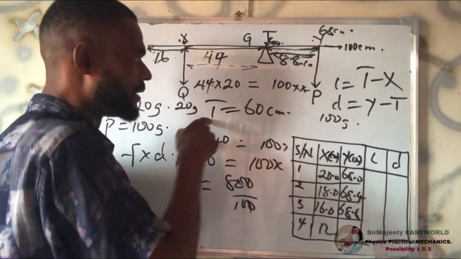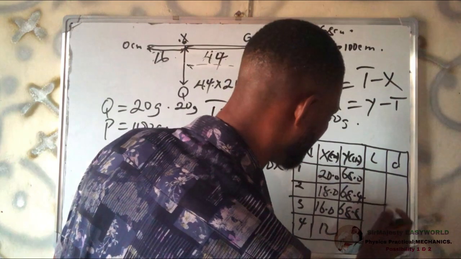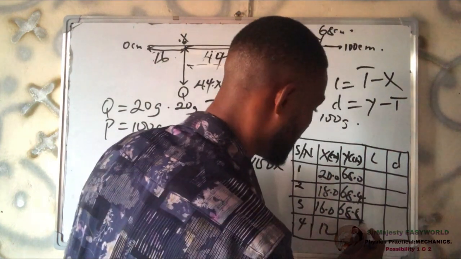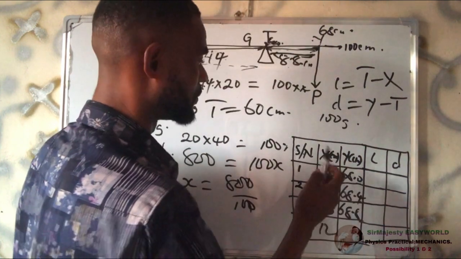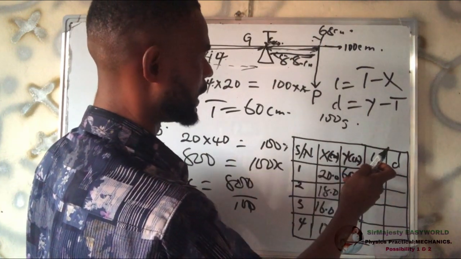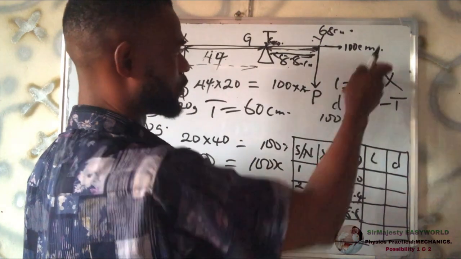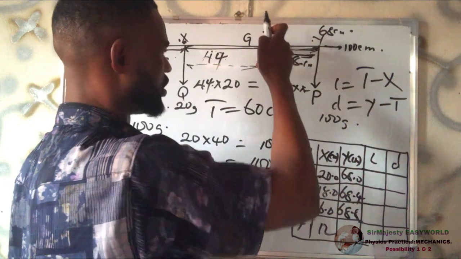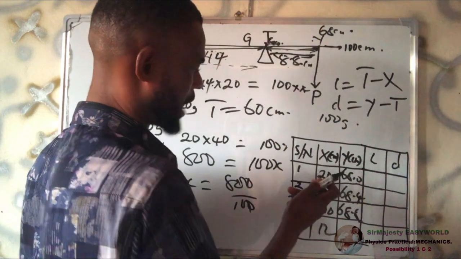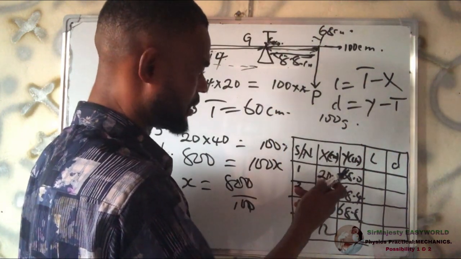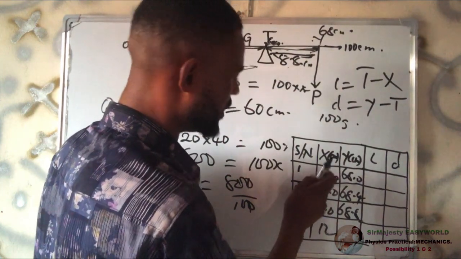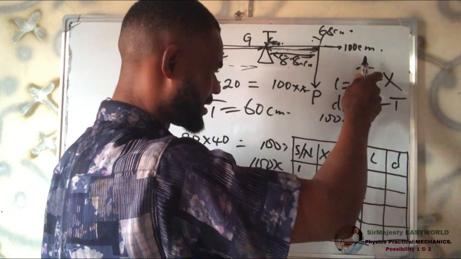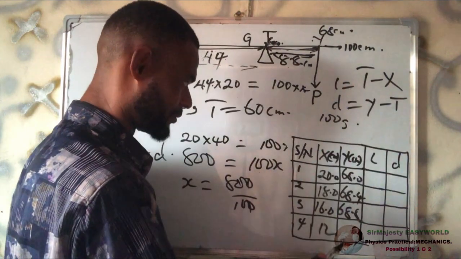That is T. Then if I now want to fill this table, without touching any apparatus, I'll fill all of them. What is now L? L is equal to T minus X. T is 60, and X is this line.